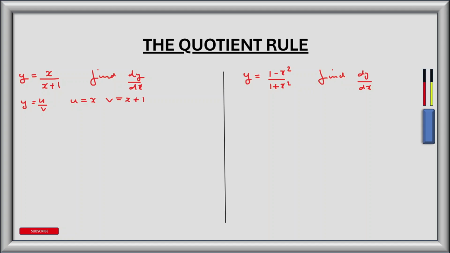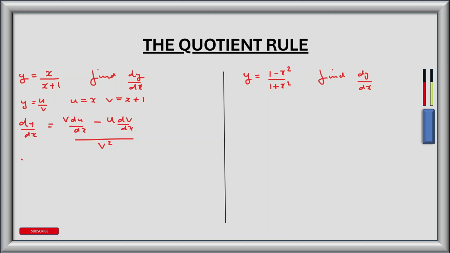Now the quotient rule would say dy by dx is equal to v du by dx minus u times dv by dx, and that's all divided by v squared.